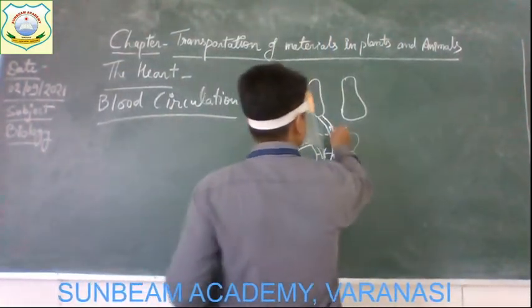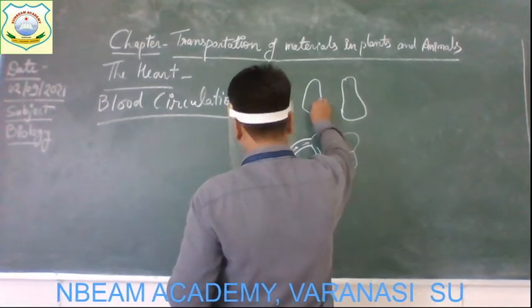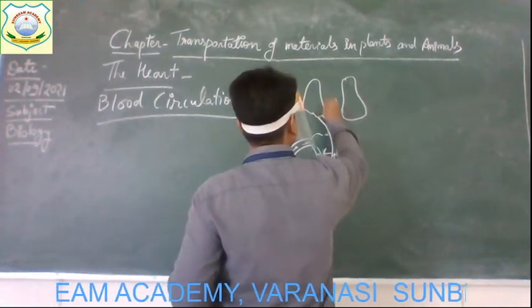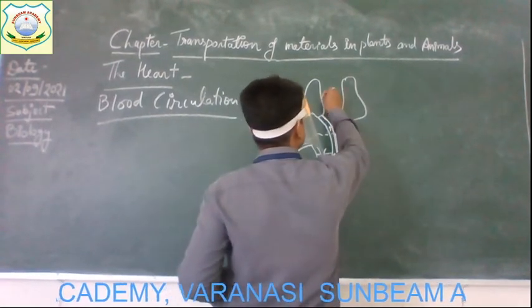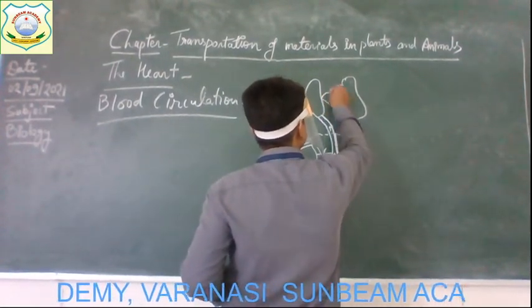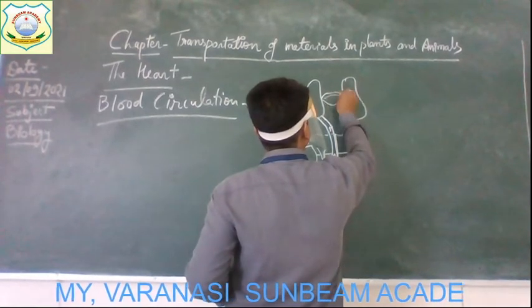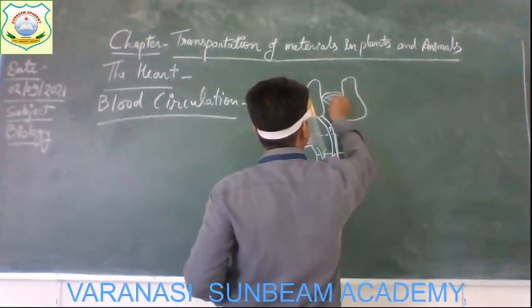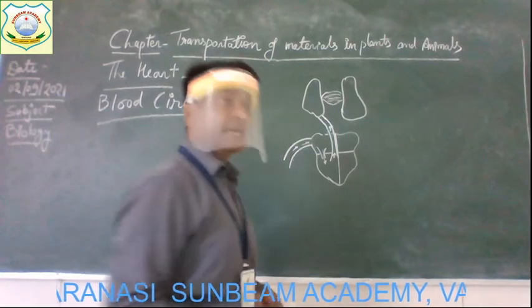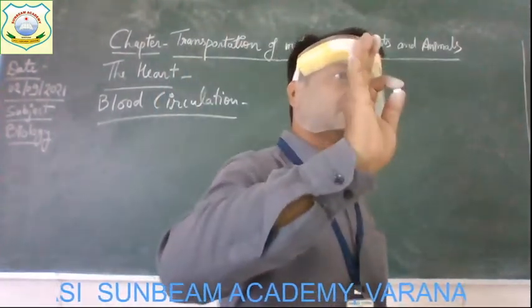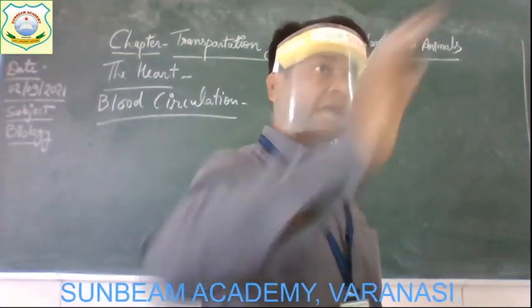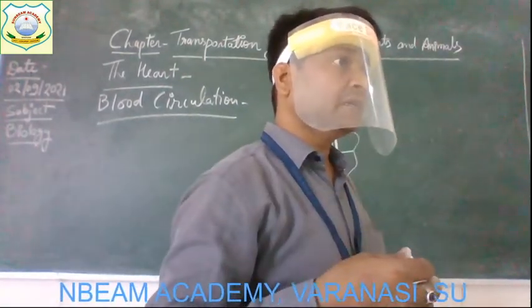So when this deoxygenated blood reaches the lungs, what happens here? Remember that I have drawn the diagram to show you the capillaries. Very fine capillaries are present in the lungs, through which all the carbon dioxide gets removed and oxygen enters the blood.